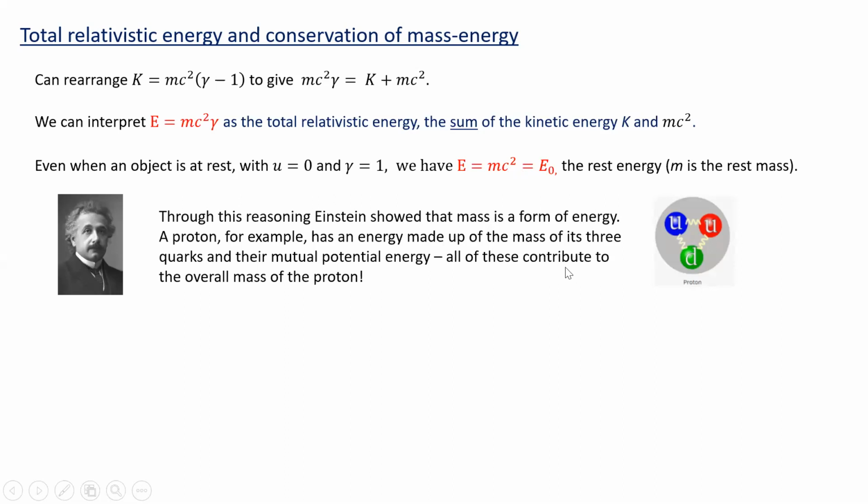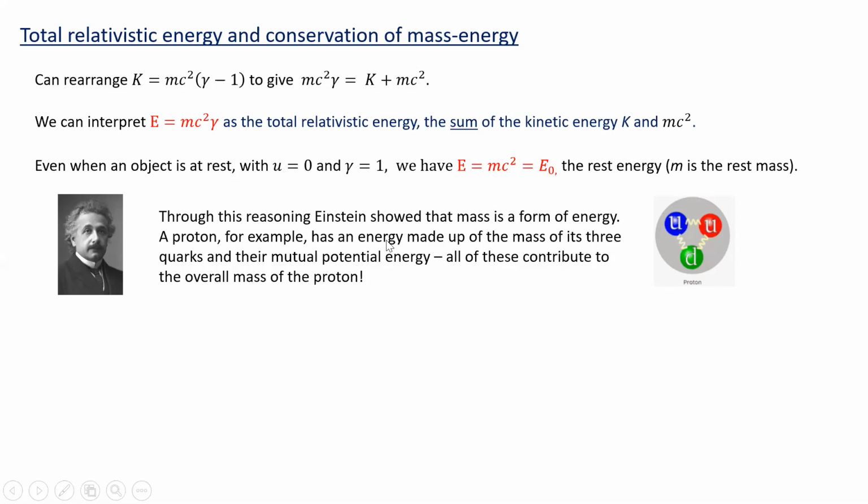And so, for example, a proton is made up of quarks. Quarks are little particles that are inside the proton. There's two up quarks and a down quark, and some interactions between them.